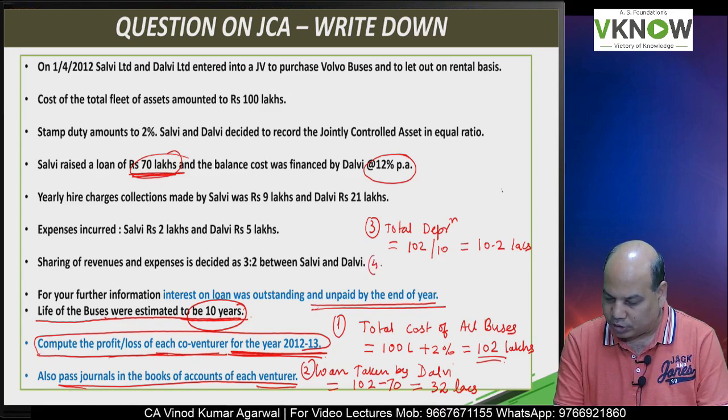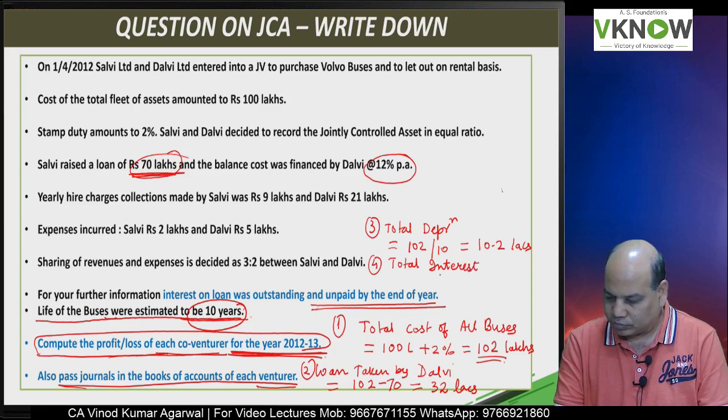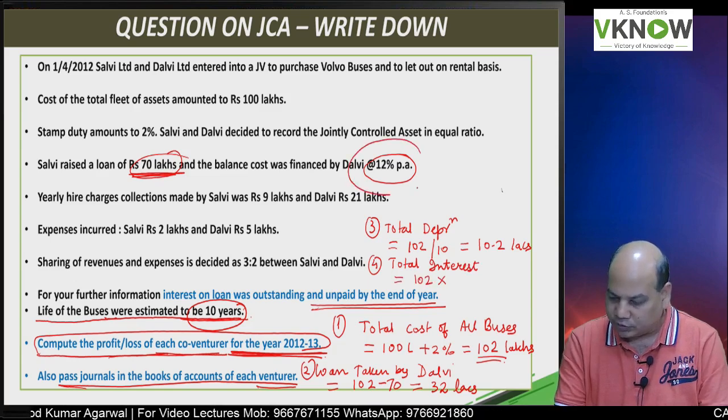And one more point, write down total interest. Total interest will be, 102 lakhs is the loan amount, and the rate of interest is 12%.